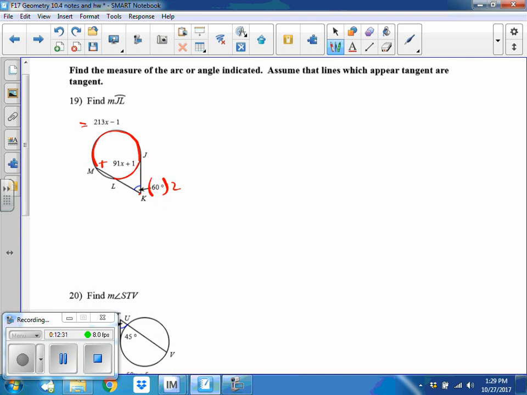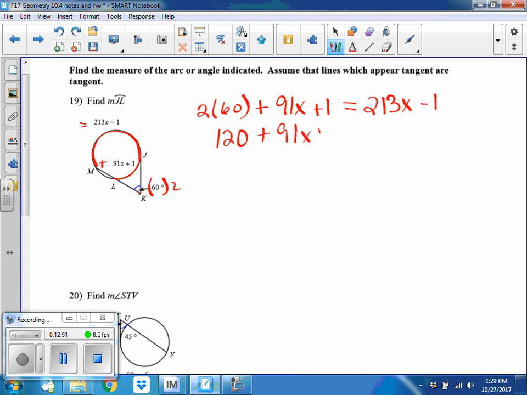I didn't have to label anything myself. They gave me everything. So 2 times 60 plus the inside arc, which is 91x plus 1, equals the outside arc, which is 213x minus 1. So 120 plus 91x plus 1 equals 213x minus 1.